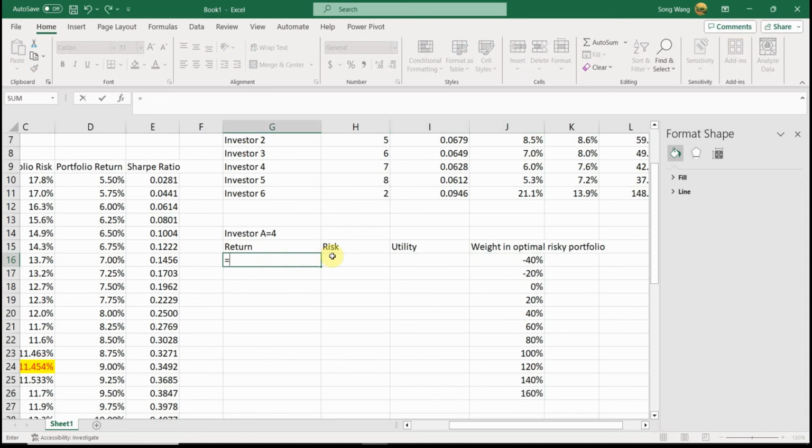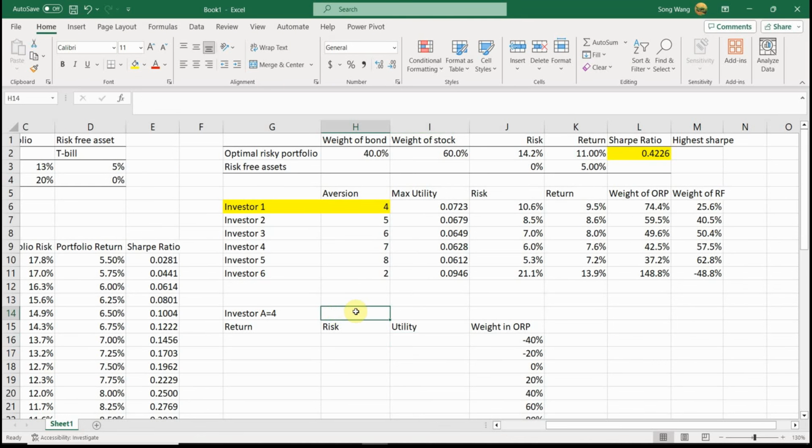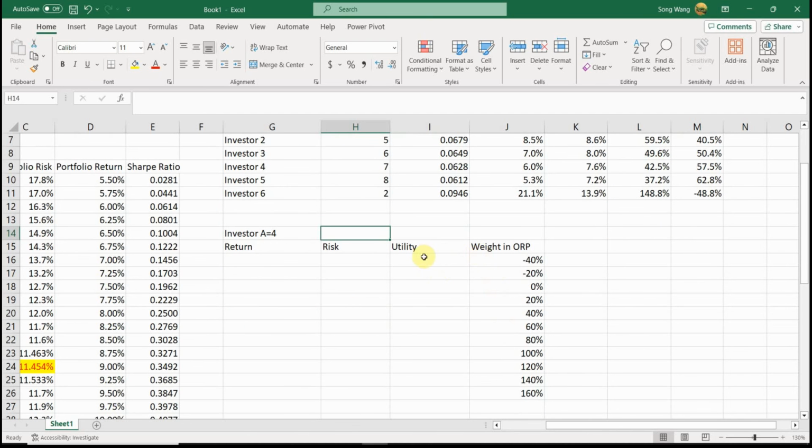Okay, and then we need to calculate the utility of this person. Number one, if that's happening, what's the return for this investor? We're using the utility indifference formula, and we're assuming the utility is the same no matter what kind of investment we're doing. We can put a negative weight in the risky, or more than 100% weight in risky.